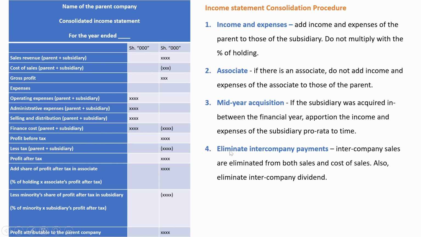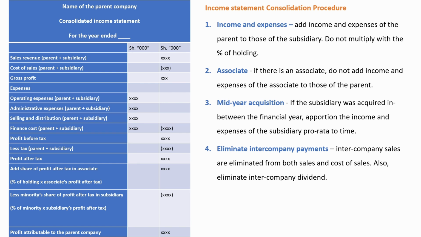Another adjustment we should make is to eliminate intercompany payments. Intercompany sales are eliminated from both sales and cost of sales. Also, eliminate intercompany dividend. When the subsidiary pays dividend, part of that dividend will be received by the parent. So it will be an income to the parent and it will be an expense to the subsidiary.